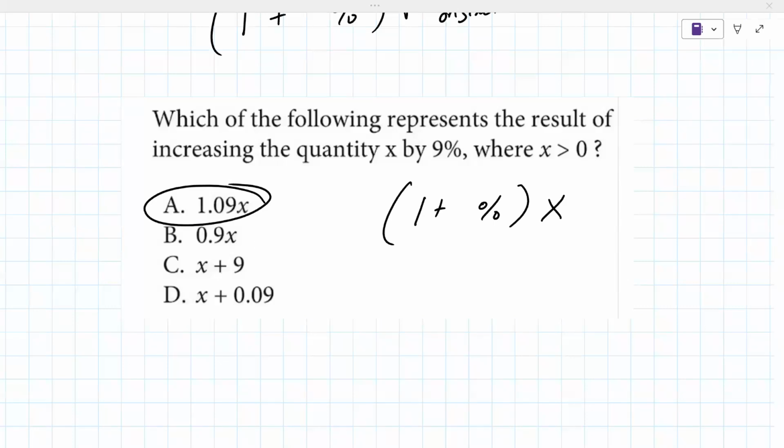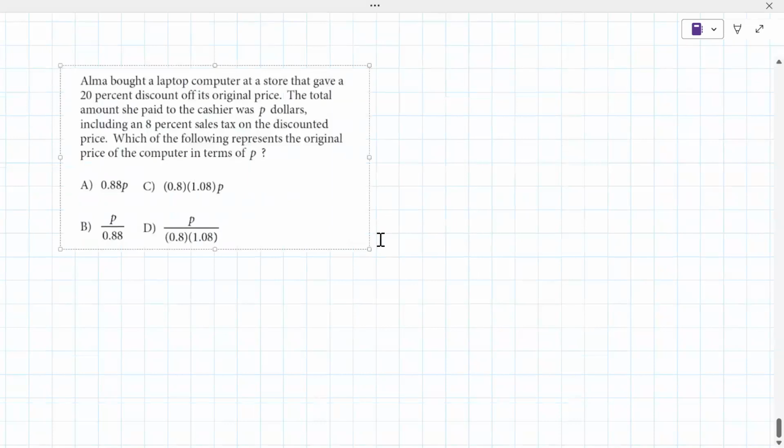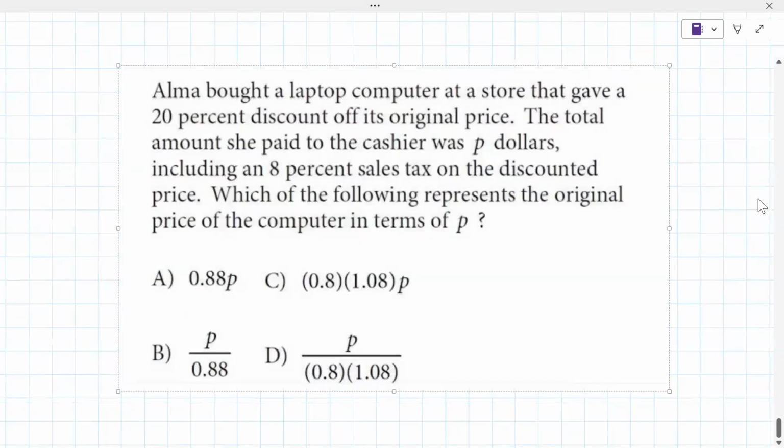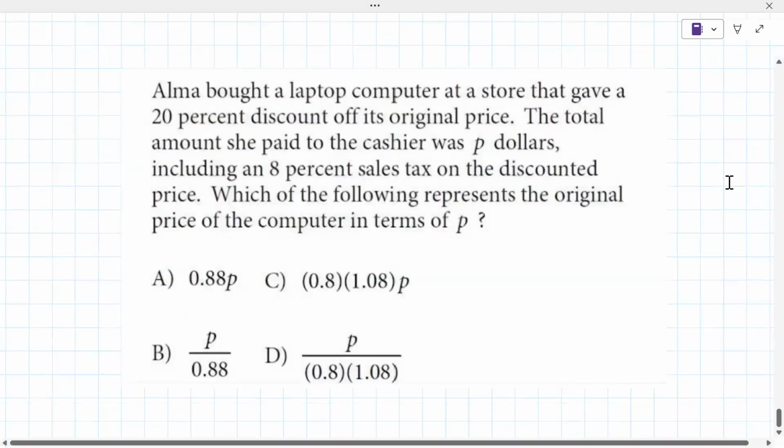This problem is a good one, kind of an extension of the one you just did. Go ahead and take a look at that, please.